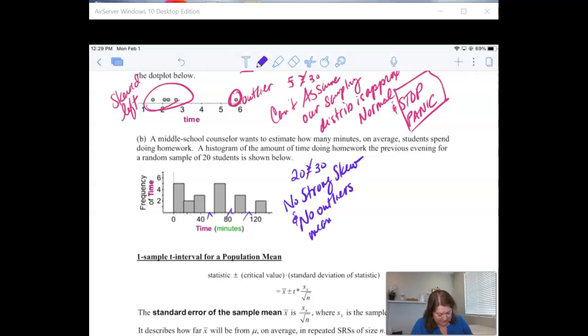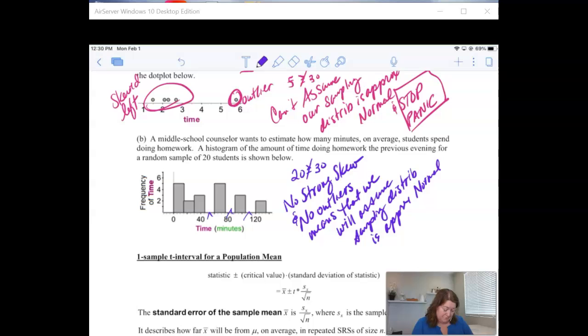That means that we will assume the sampling distribution is approximately normal and continue. So we continue the problem at that point.